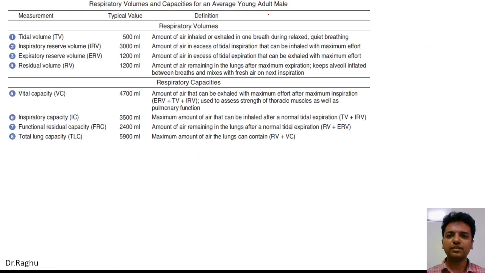So this is again a revision of how to define them and what the normal volume is. So what is tidal volume? Tidal volume is the amount of air which is either inhaled or exhaled in one single breath during relaxed quiet breathing, and the volume is 500 ml.